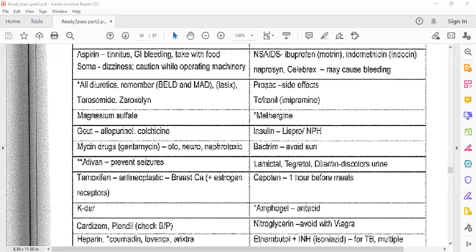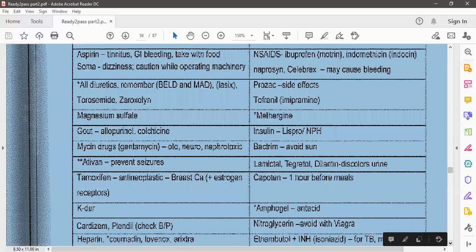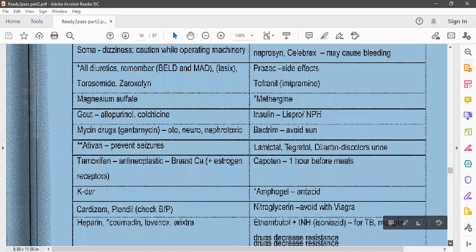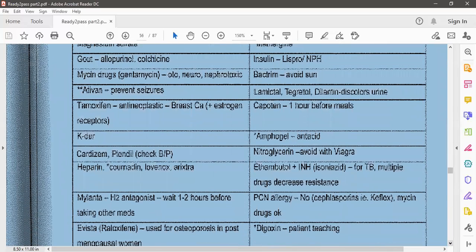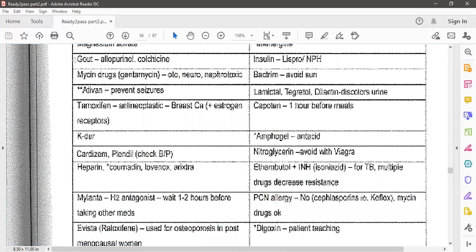So what next? The next group of medication is for gout. The medication is called allopurinol or colchicine. So allopurinol or colchicine we use for gout, right?